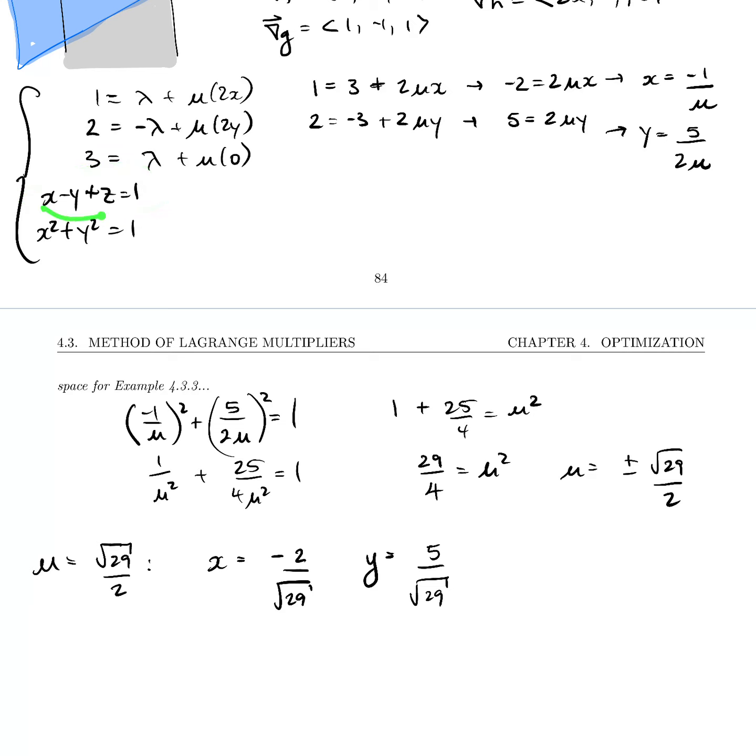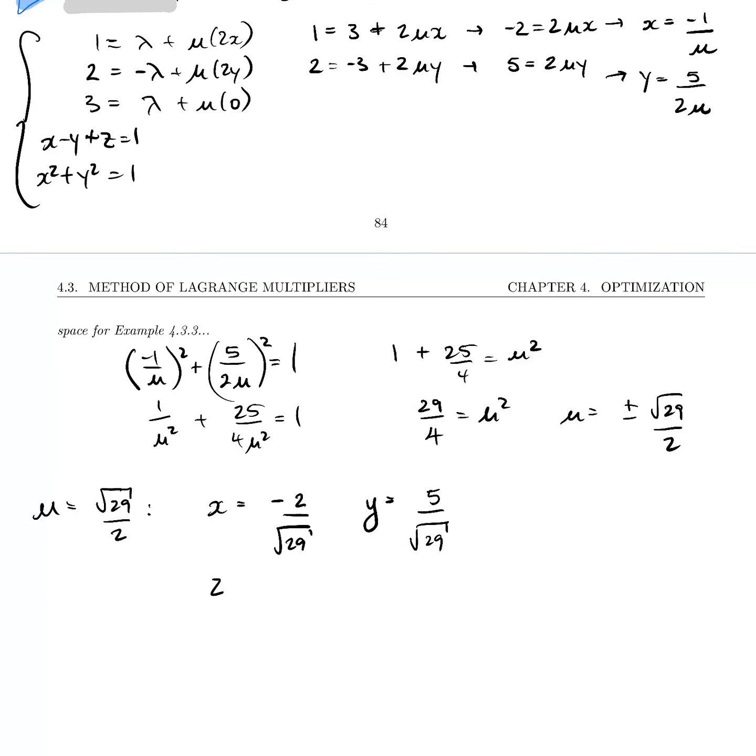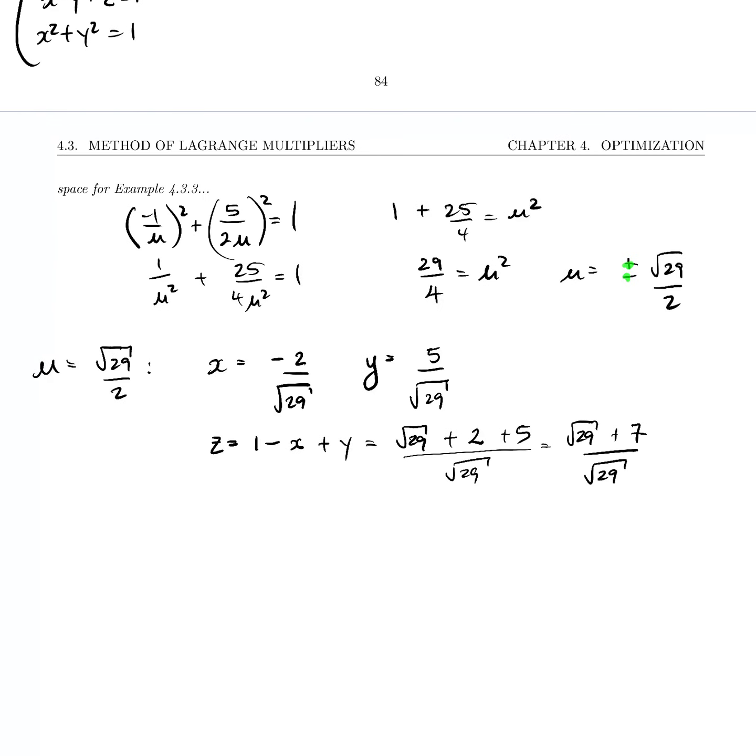So if we take the equation of the plane and isolate z, we're going to have z is 1 minus x plus y, which is going to be root 29 plus 2 plus 5 all over root 29, or root 29 plus 7 over root 29. That was one possible value of mu. Let's look at the other one.